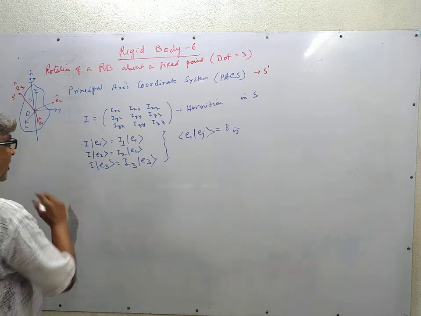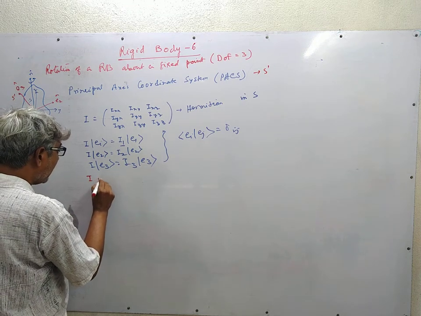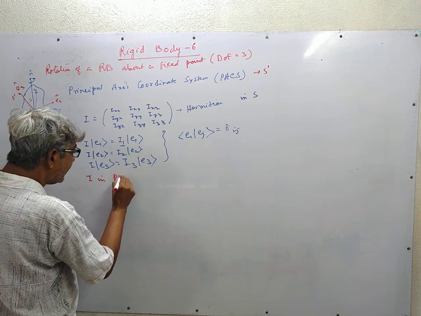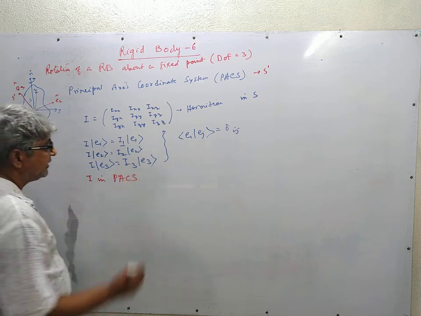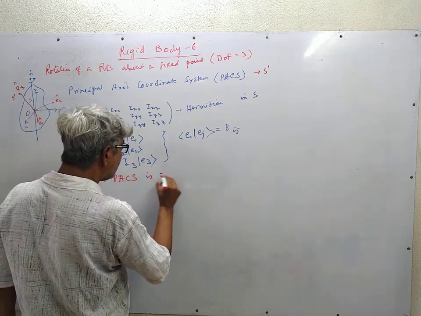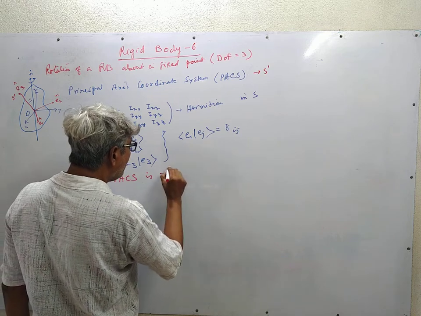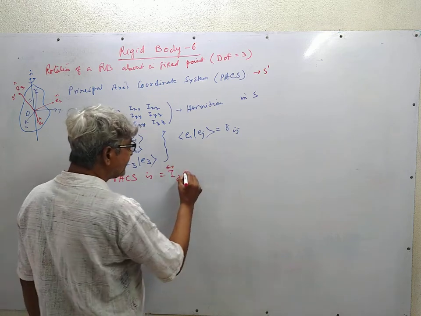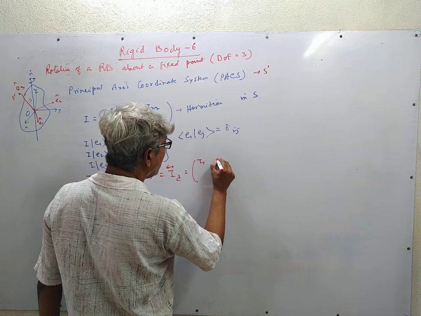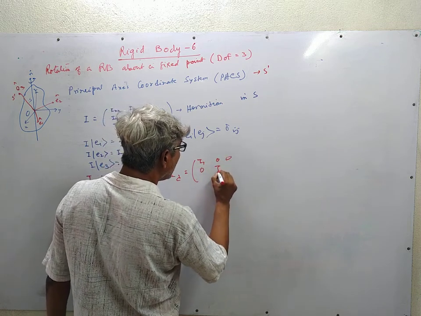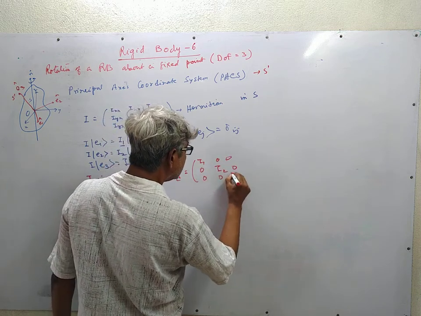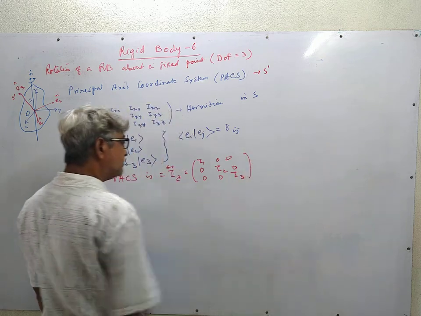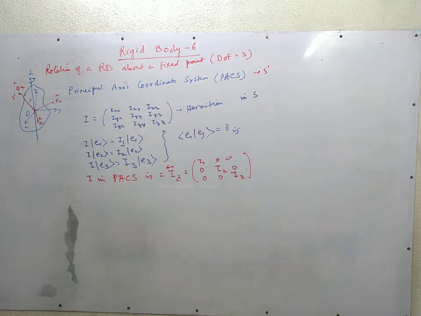If we write I in the PACS frame, it is equal to I diagonal, which is simply I1, 0, 0, 0, I2, 0, 0, 0, I3. Recall your concept of matrix diagonalization.